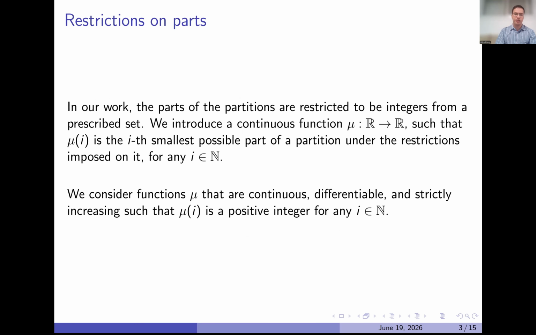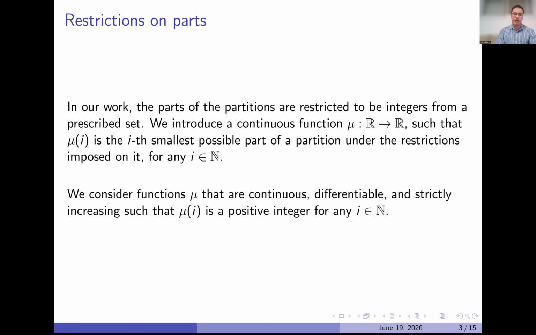In our derivations, we represent the restrictions placed on the parts using a continuous function denoted here by mu, such that mu of i is the ith smallest allowable part that the partitions can have under the restrictions imposed on them.